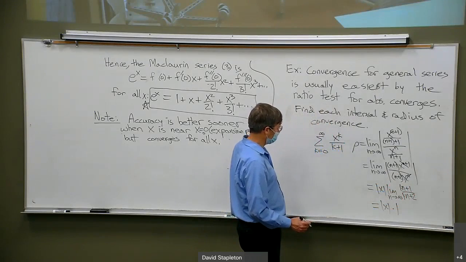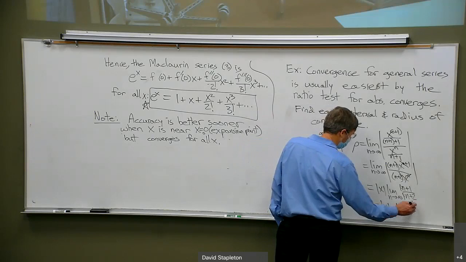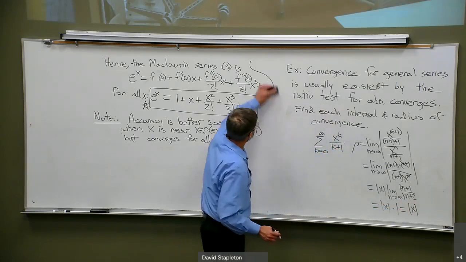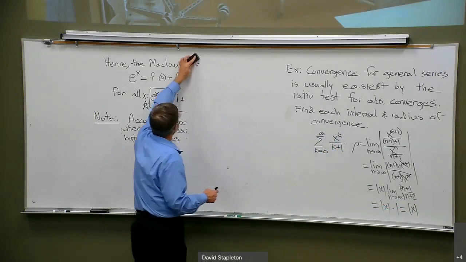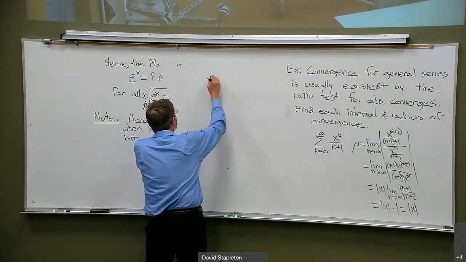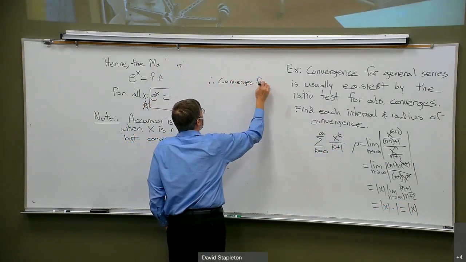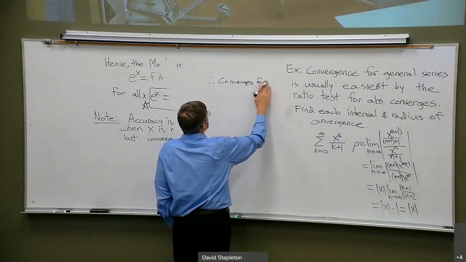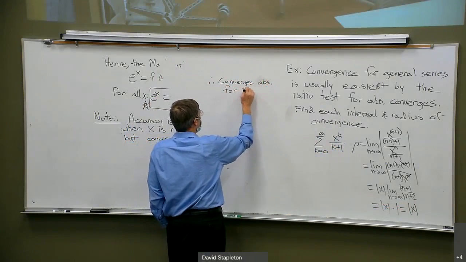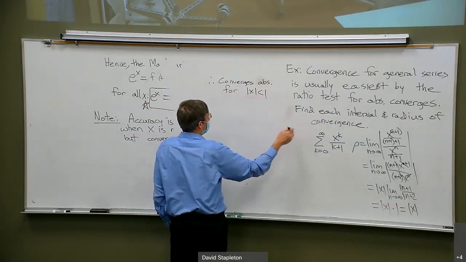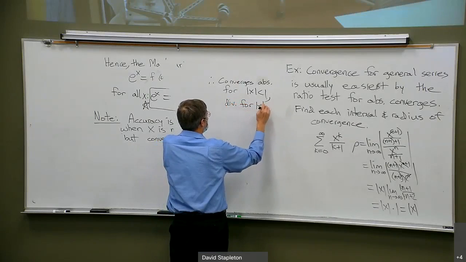So rho equals the absolute value of x, we drop this 1. This is the rho from the absolute convergence test. Therefore, it converges absolutely for absolute value of x less than 1, because that will make rho less than 1, and diverges for absolute value of x greater than 1.